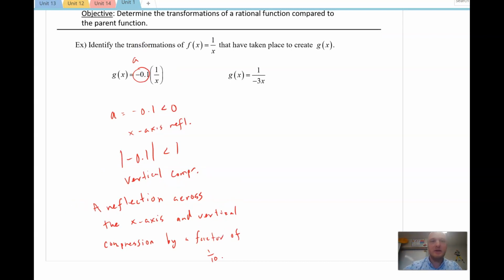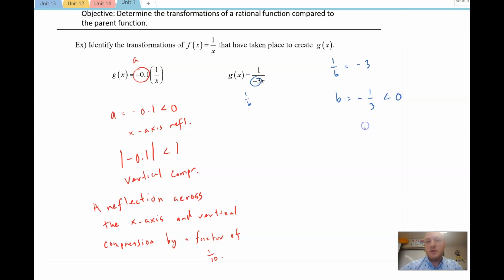Next, all right, here I have a 1 over b value. This is kind of the steps I take. Okay, what's 1 over b? Well, 1 over b is equal to negative 3. Okay, what's b then? Well, b is going to be the reciprocal of that, which is negative 1/3. All right, so just note that that is less than 0.